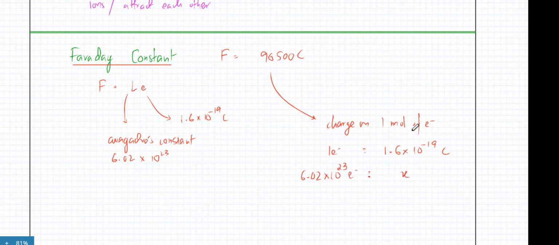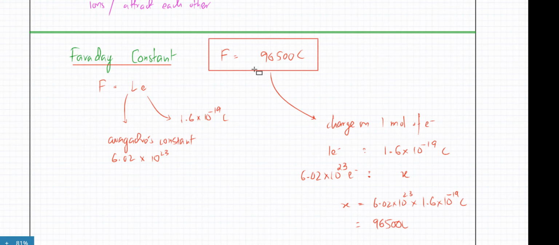That's going to be X, which is 6.02 times 10 to the power 23 multiplied by 1.6 times 10 to the power minus 19 coulombs. That basically gives you 96,500 coulombs. So there's no rocket science. The Faraday constant is simply the charge on 1 mole of electrons.